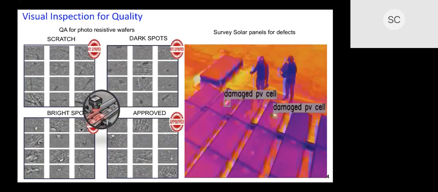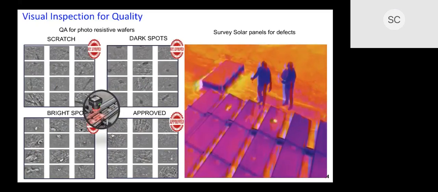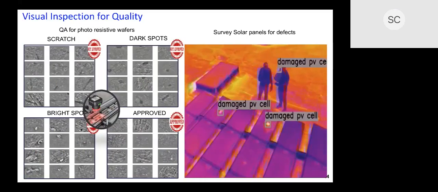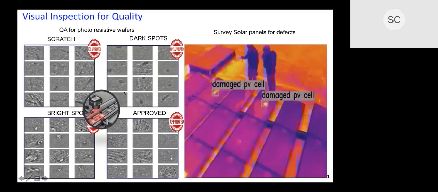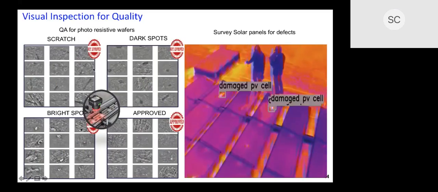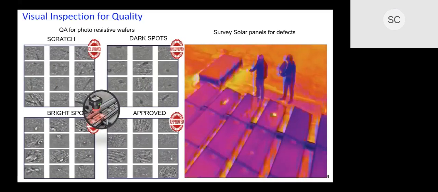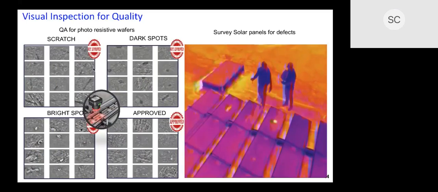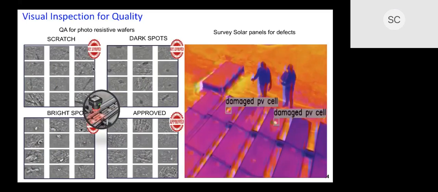On the left, you see photovoltaic cells. Once they get through production, the manufacturing unit wants to do some sort of quality inspection. You got scratched wafers, dark spots, bright spots, and a major lot of them is a good one, right? So you need to do quality inspection in industries as well.